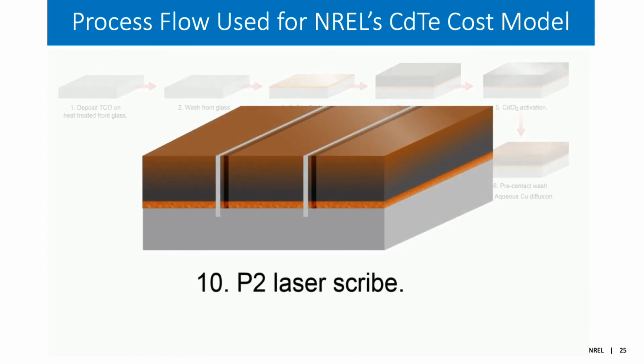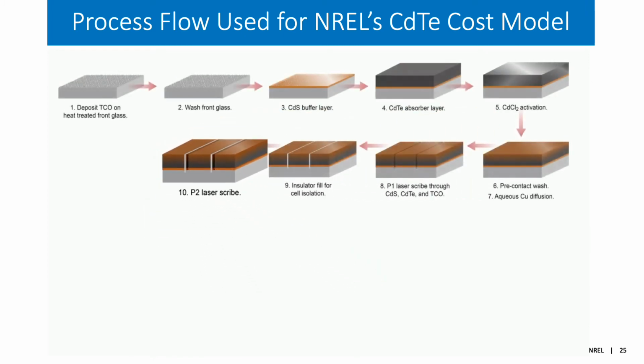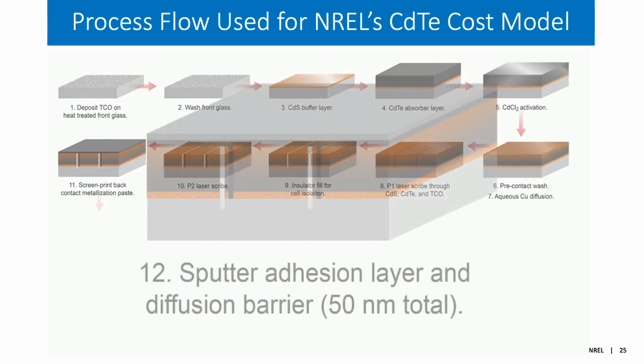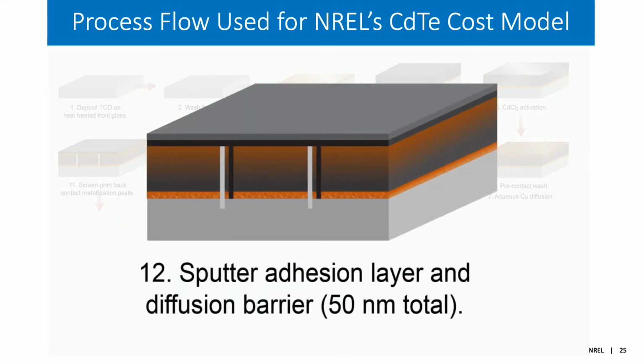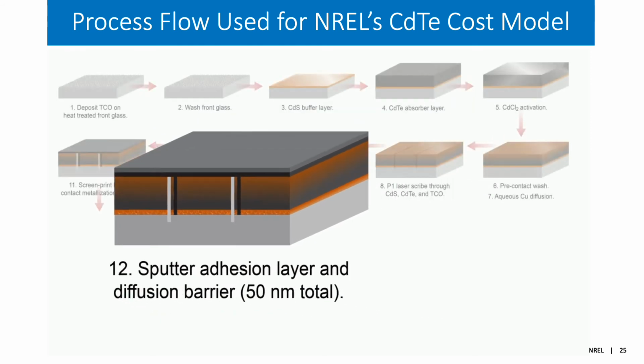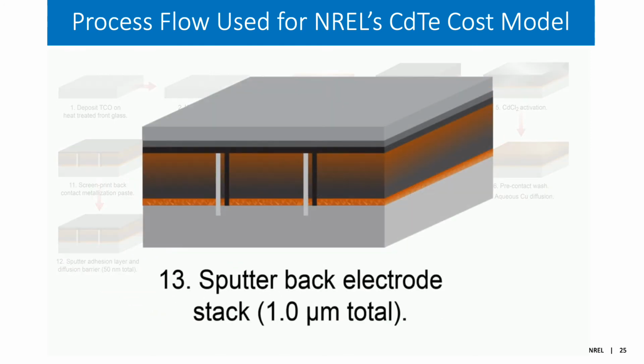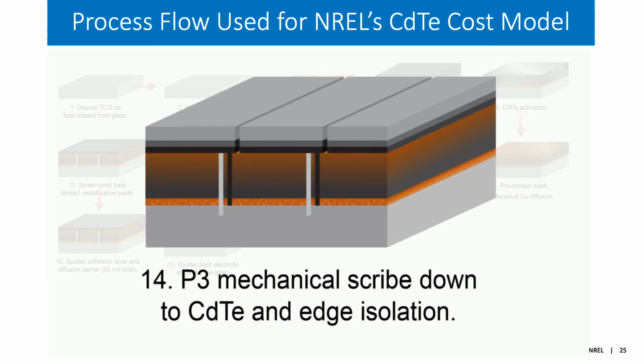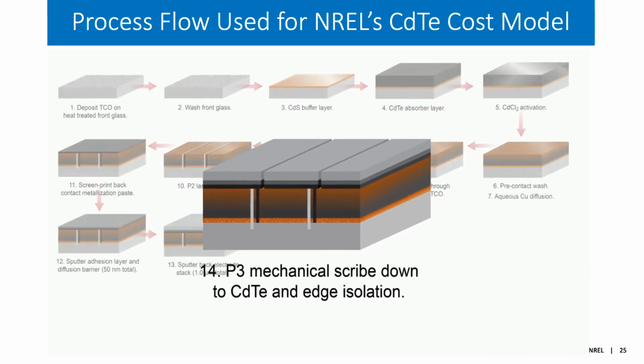Then we have a second laser scribe, and then screen print back contact metallization paste, and then sputter an adhesion layer and a diffusion barrier, then sputter the back electrode stack, and then have the third scribe. This is typically a mechanical scribe down to the CAD-TEL, followed by edge isolation.